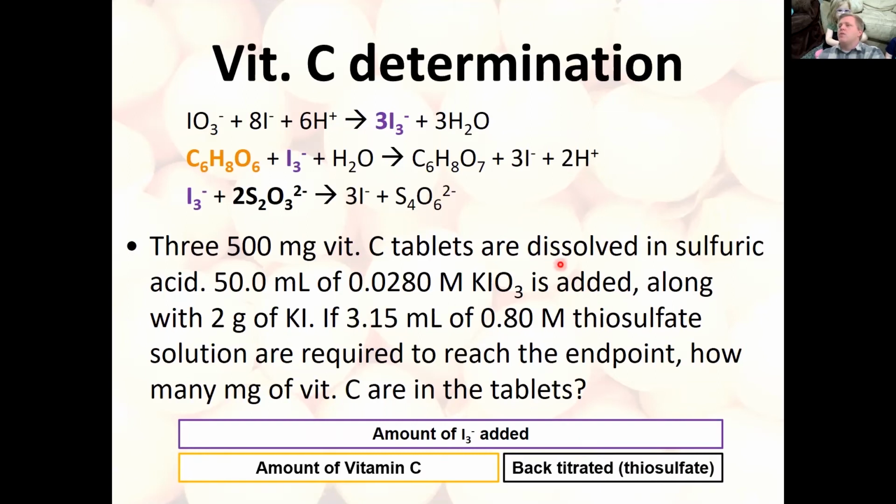And of course, then we will have to back titrate the remaining I3 minus, figure out how much is left over. So what we are doing here is we know the amount of I3 minus we're forming. We know how much is being back titrated. And so we're going to take the difference between this value and this value to find out how many moles of vitamin C are in there. Go ahead and pause the video now and try and work through this.